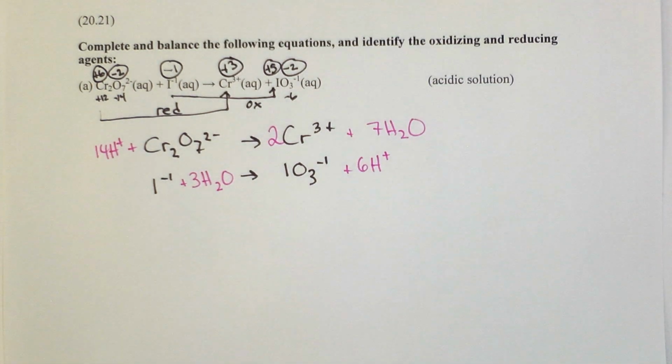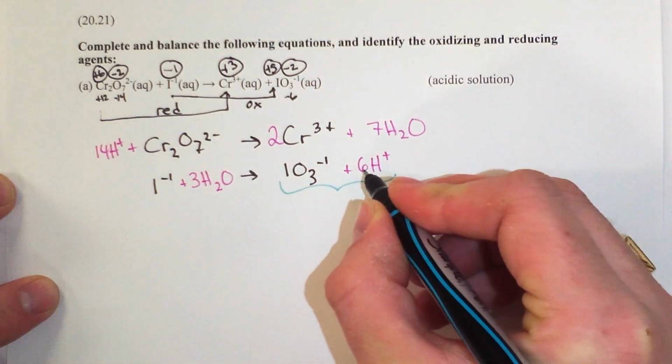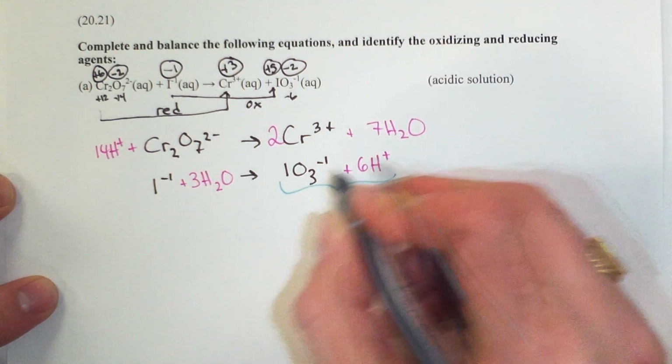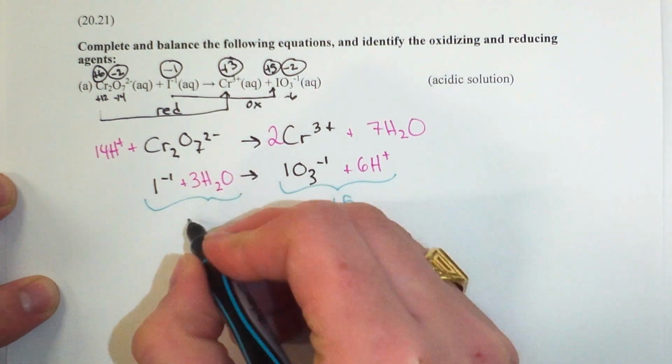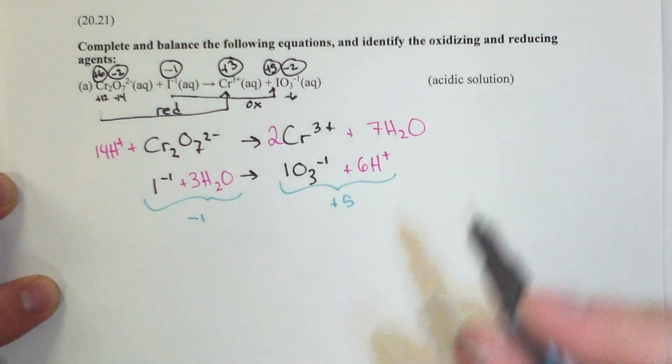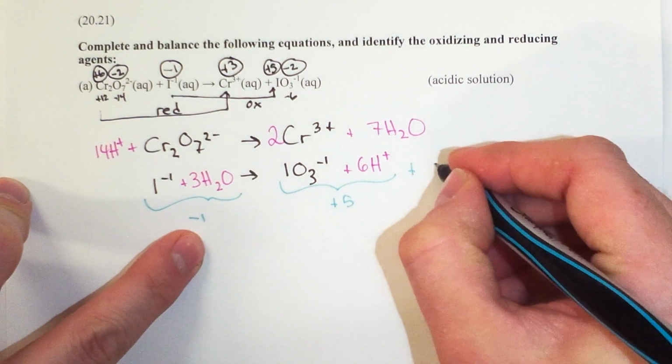The next thing we will do is charge balance. So 6 plus is plus 6, minus 1 is plus 5, and minus 1 on this side. To get these equal, I'm going to add 6 electrons.